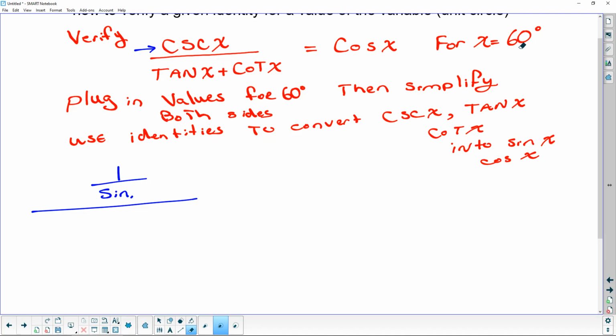So rather than x, let's put our 60 in, instead of putting an x, because we have a value. The quotient identity is sine over cosine for tangent. So this would be sine 60 over cosine 60. Plus, the other one is cosine 60 over sine 60.